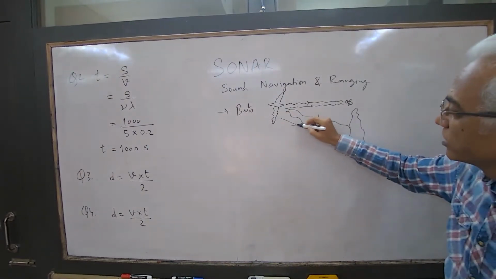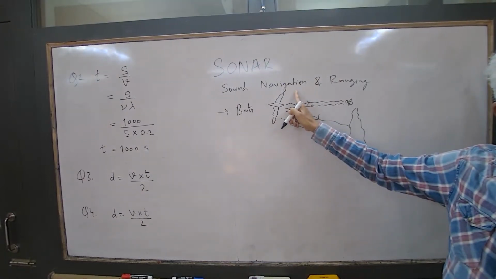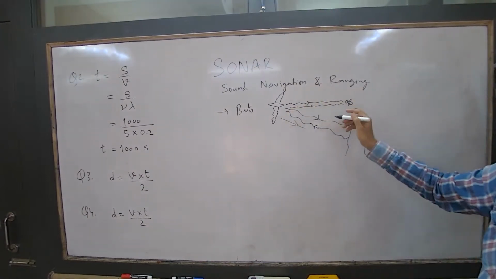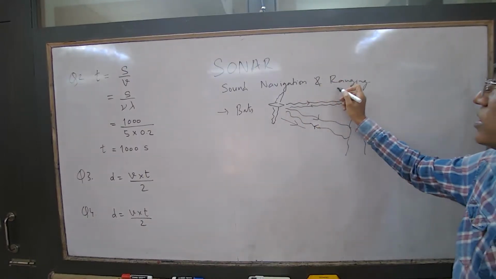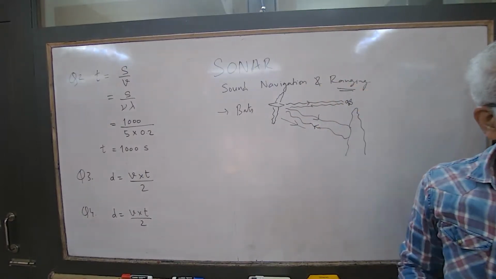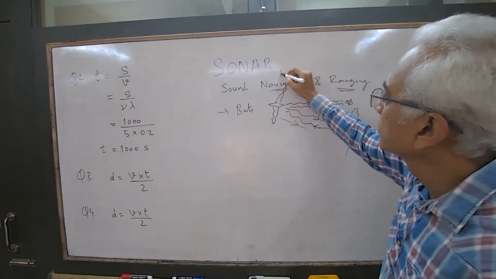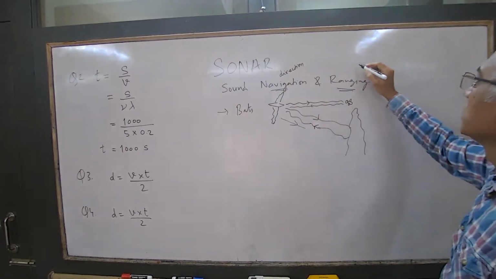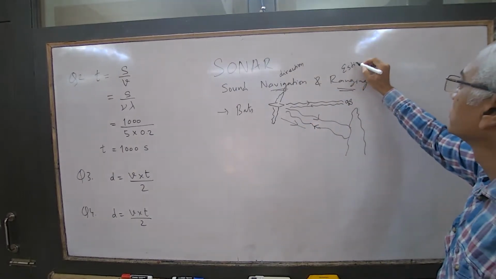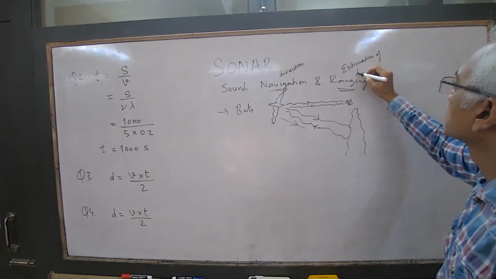So judging the direction is called navigation, safe direction to travel. And ranging is estimation of distance. Navigation is about direction, ranging is about estimation of distance.